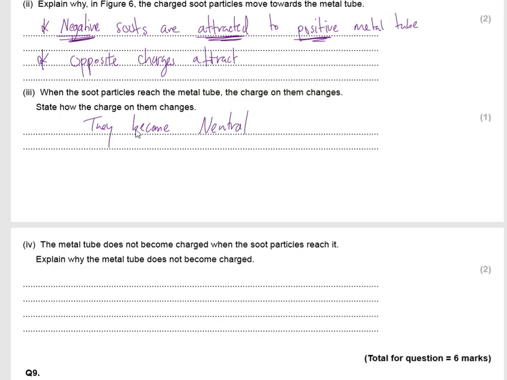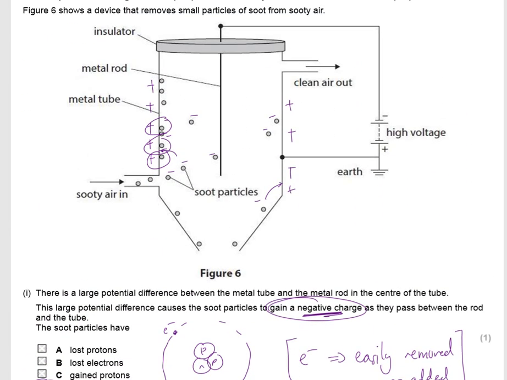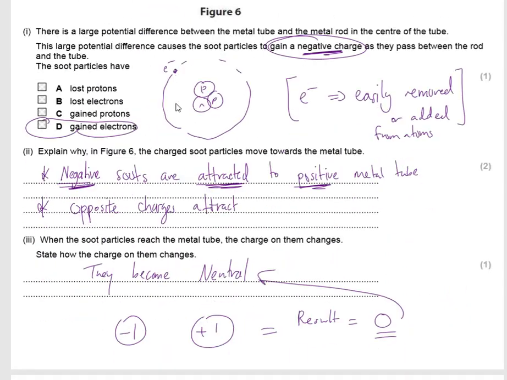How do they become neutral? For example, if this is -1 and it is attracted to +1, the result is equal to 0, which is neutral. That's what happened. You can see the soot is -1 and this is +1, so overall they become neutral.